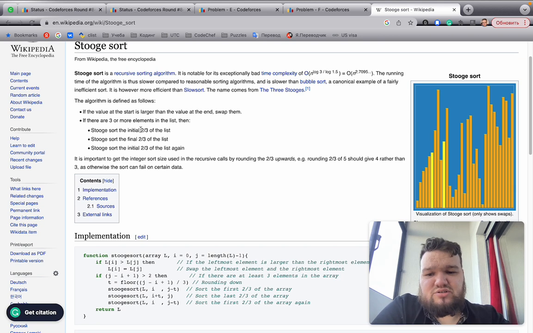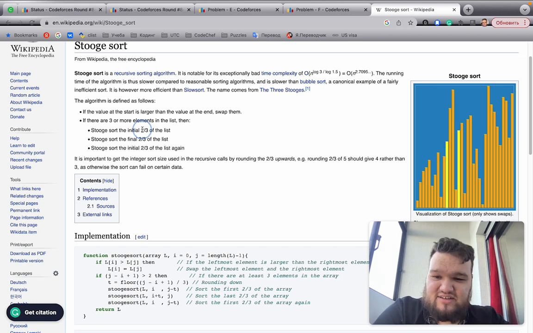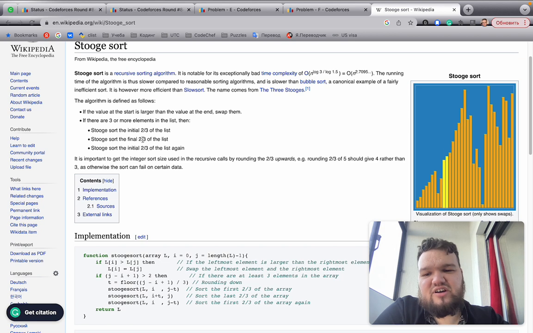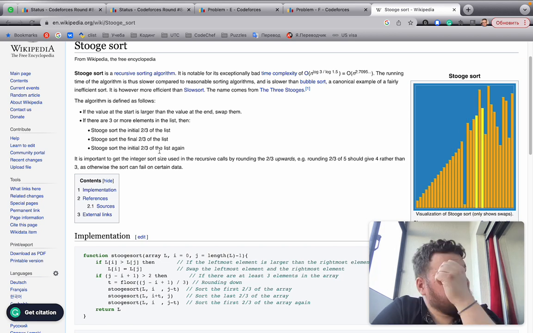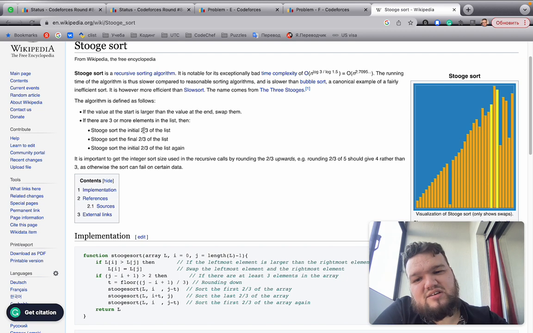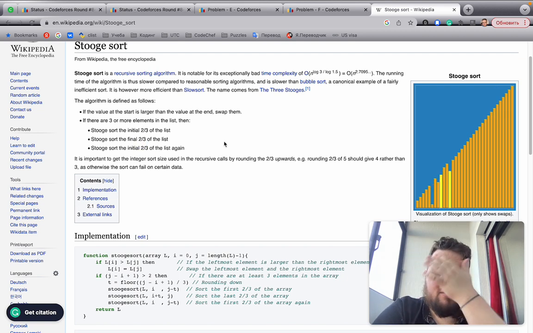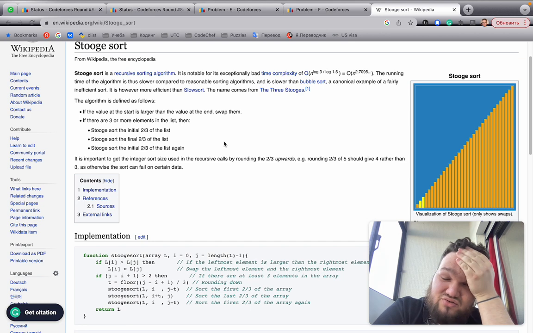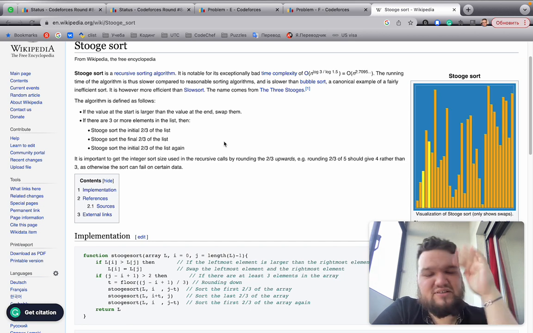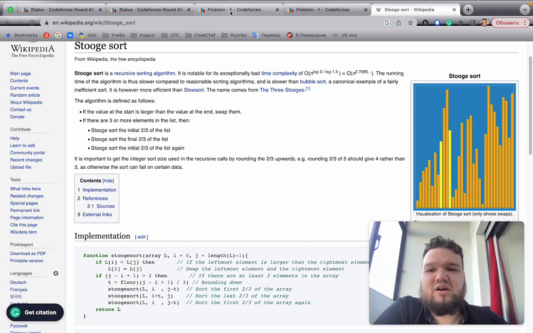And actually you don't have to have 2/3 everywhere. We just need, I think, the sum of these two sizes to be at least 2n, or strictly bigger, but it doesn't matter for our problem.